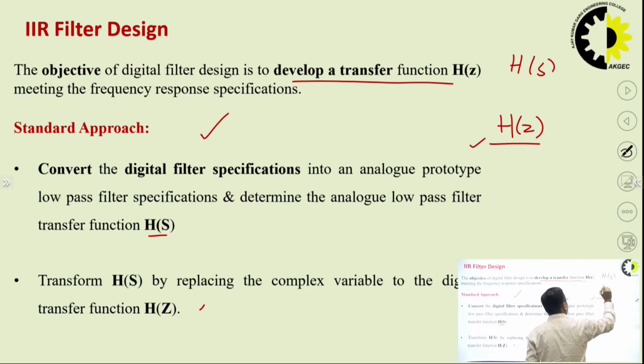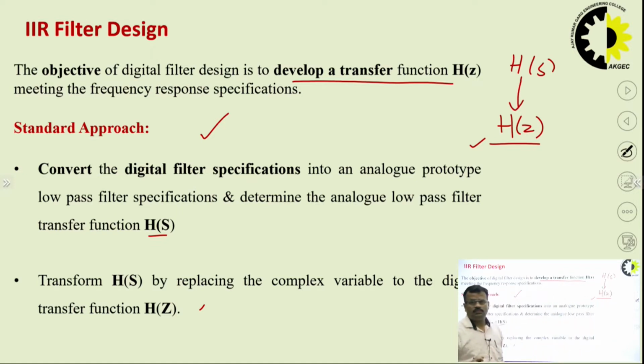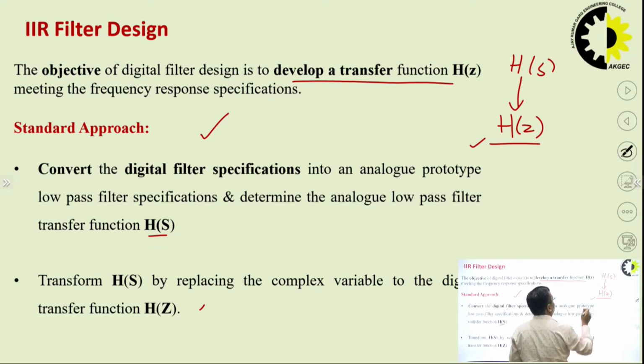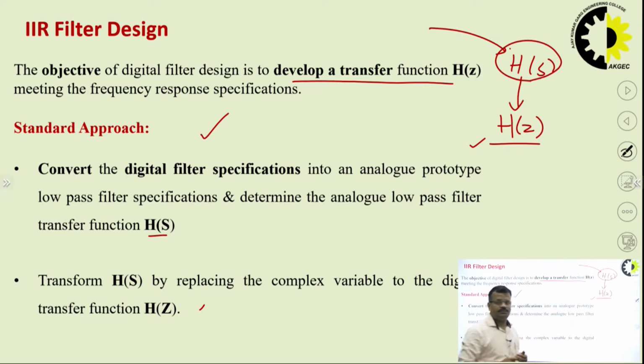You have to map, or transform, this H(s) into H(z). That we will do in this impulse invariant method. Sometimes in Butterworth and Chebyshev, one more step is needed: from filter specifications and characteristics, you first have to prepare H(s). Then you convert this H(s) into H(z) by using the impulse invariant or bilinear transformation method.